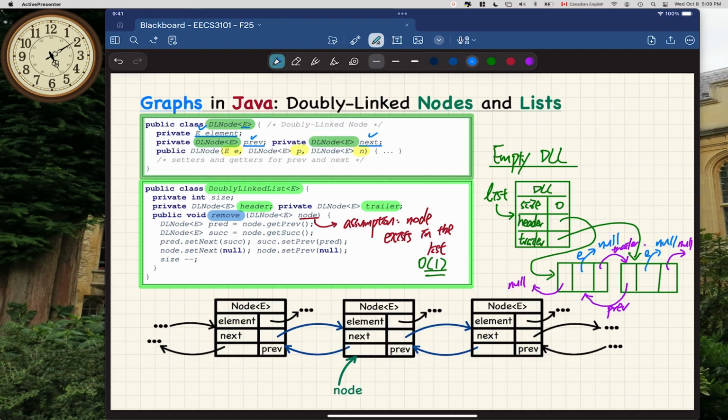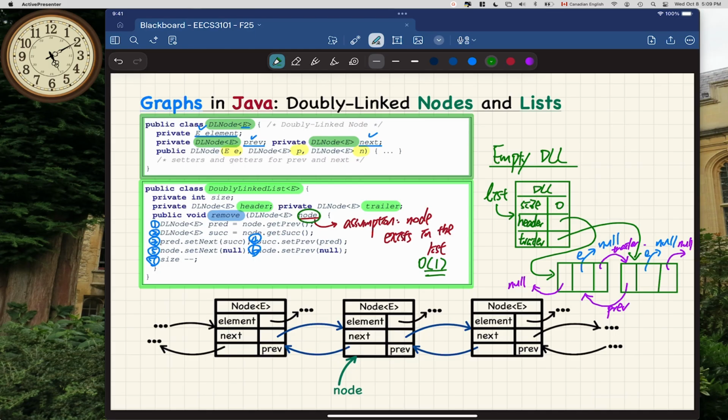So we got 1 here, we got 2, 3, 4, 5, 6, 7. And the node, the parameter, think about the node here. It's just somewhere in the list.